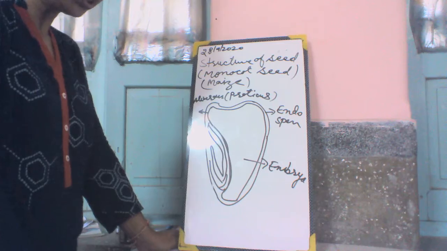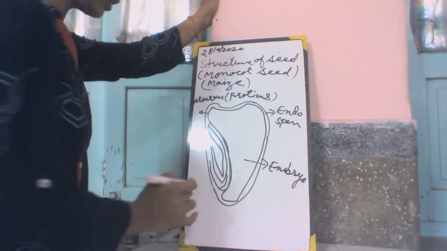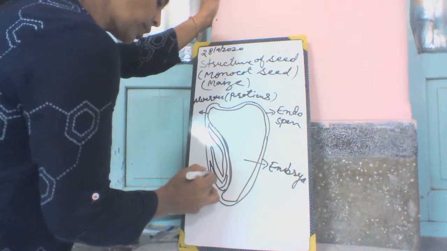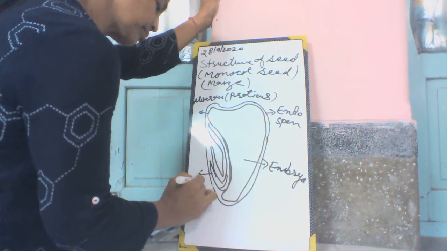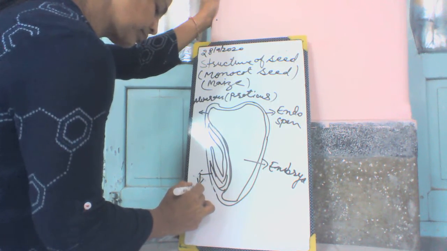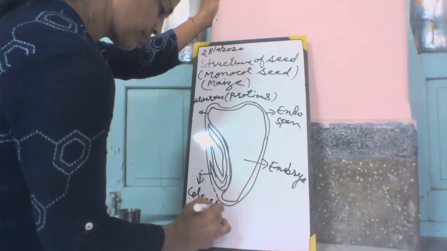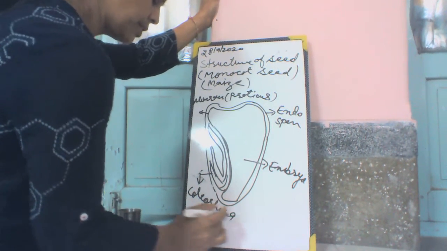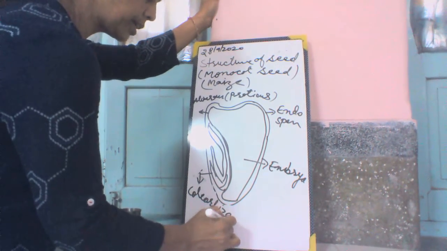The protective sheath over the radicle is known as coleorhiza. This is the protective sheath of the radicle.